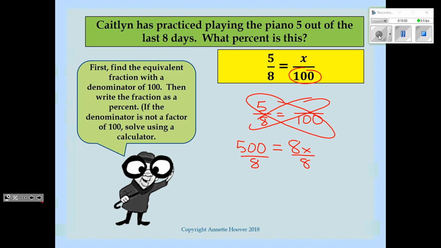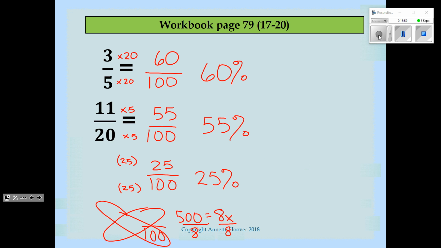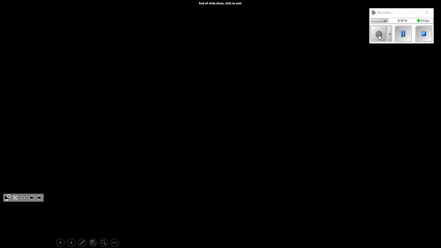We did. It was right there, 5/8. So I know that's going to be, you can use your calculator, 500 divided by 8, and that was 62.5%. So I hope this helps you converting fractions to percents and percents to fractions.